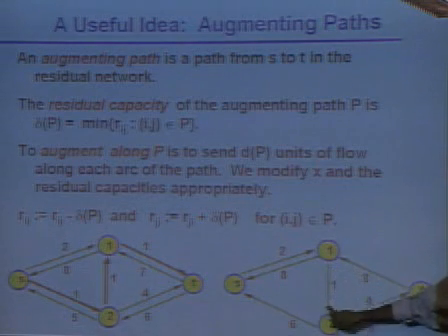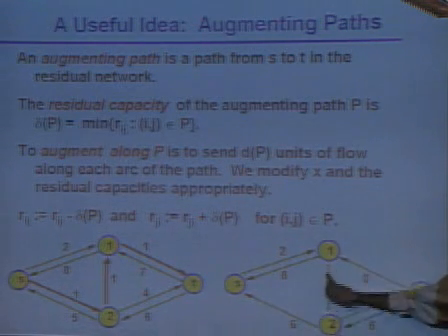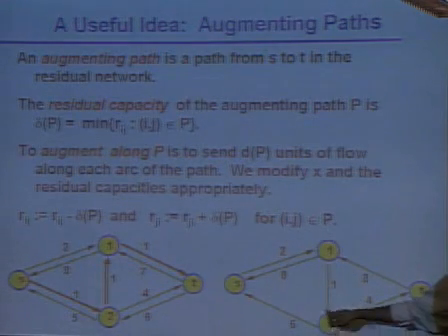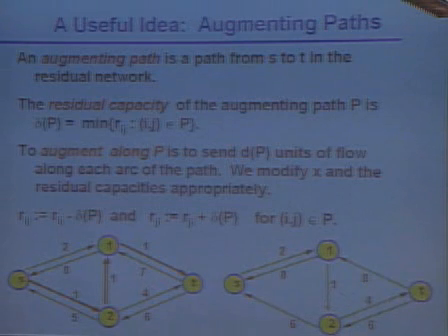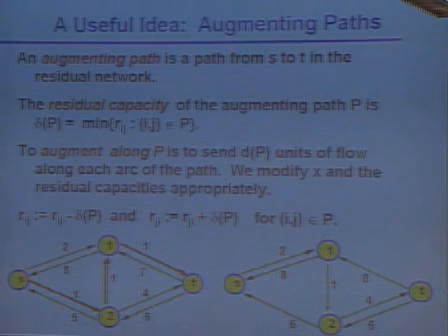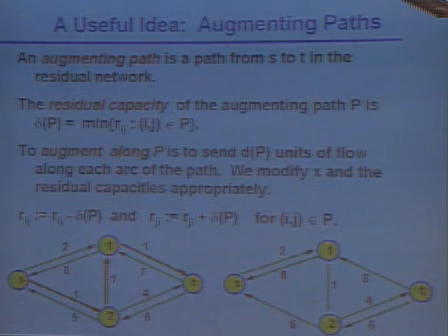So this arc is going to be saturated. Okay. It's going to carry 1 unit, and it's going to be up to capacity. So the forward arc is going to have capacity 0, and the backward arc is going to have capacity 1. And because the forward arc has capacity 0, we omit it.